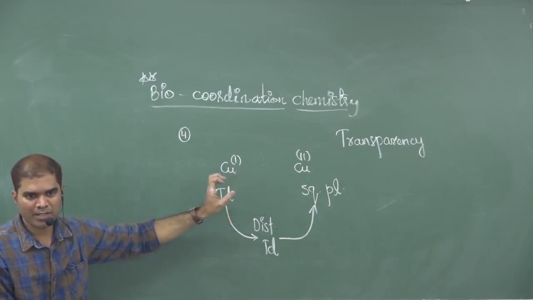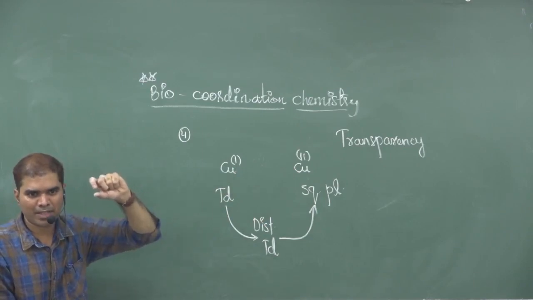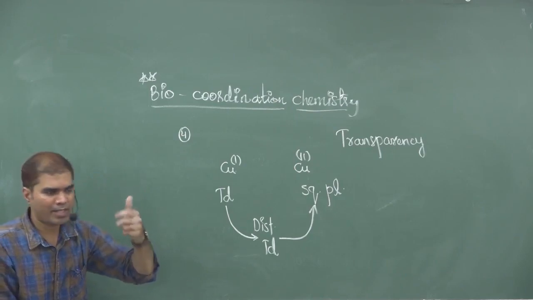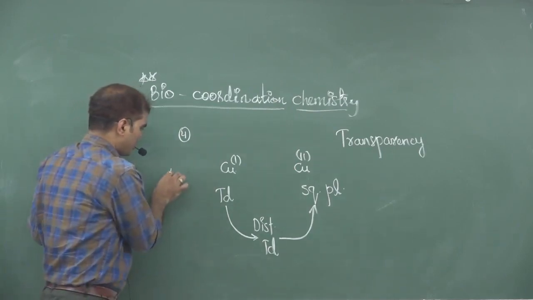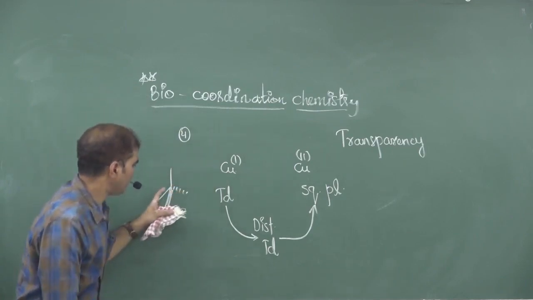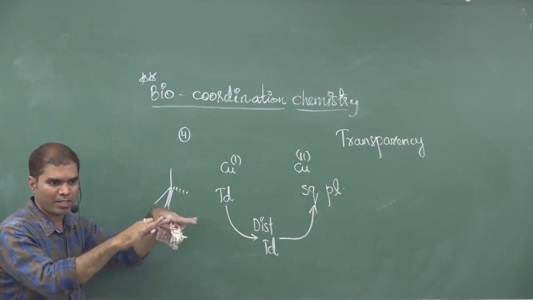What nature has done is, instead of fixing itself into a perfect tetrahedral at an active site, it has fixed itself into a distorted tetrahedral. Why is it a distorted tetrahedral? Suppose if this is a perfect tetrahedral, from here if it has to move to square plane, a lot of energy is needed.